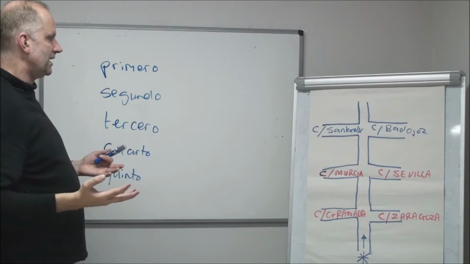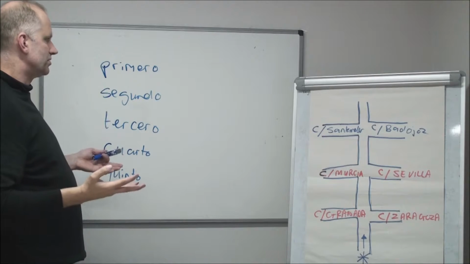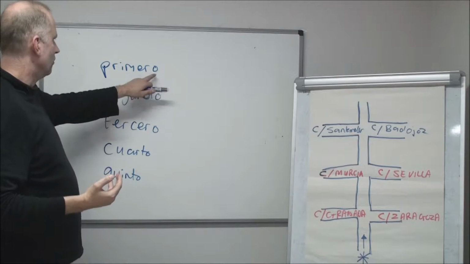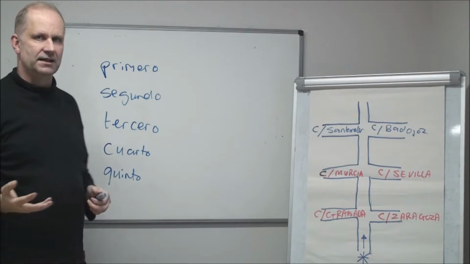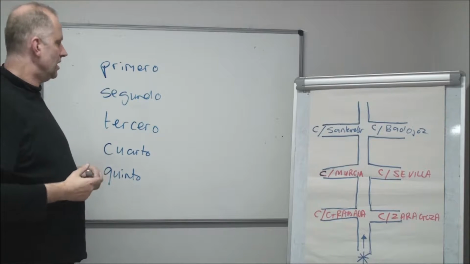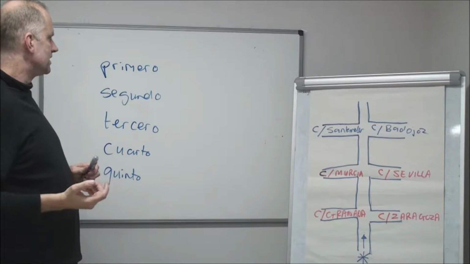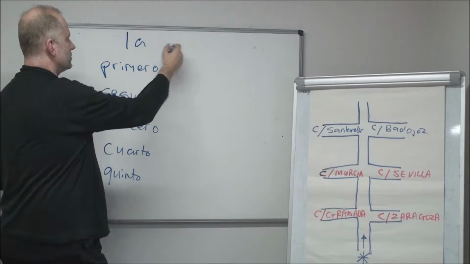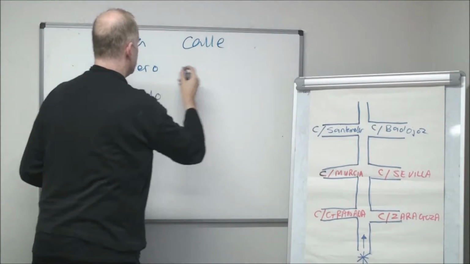When you're saying primero, segundo, tercero, cuarto, quinto, they all end in O because they're masculine. So these are basically adjectives. If you want to say the first road, the road or the street is la calle, so it's feminine.